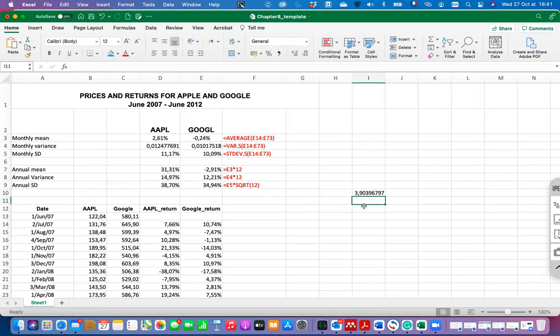We invest $1, you get $3.9, almost $4. You invest $1 million, you get $4 million at the end of the 5th year, right? I have put power 5, because this is the annual mean of return. Each year your investment will grow by 31% and so on.